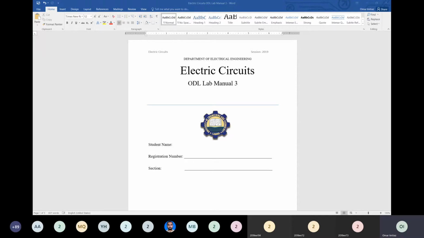Now that you're already familiar with the basics of LTSpice, I'm going to expect more from you this time around. So, ODL Lab Manual 3 focuses on operational amplifiers.